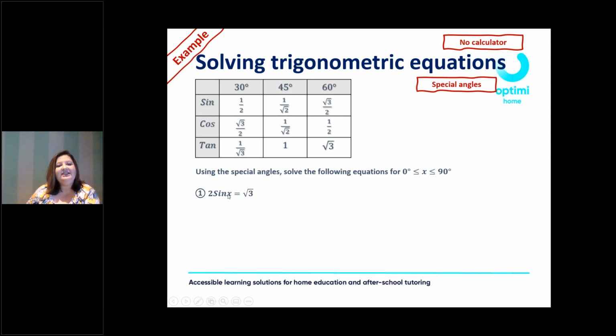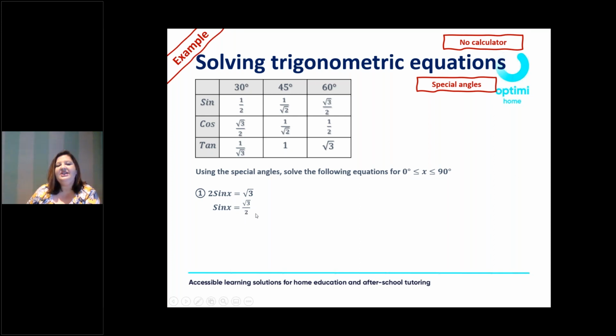Now, still, I need to find x, which is an angle. Look here. There is a reference to angles, but the same steps apply as in the previous slide. I need to get this expression alone. So this is multiplying with my trigonometric expression on this side. So I want to divide both sides by 2. And I am left with square root of 3 over 2.